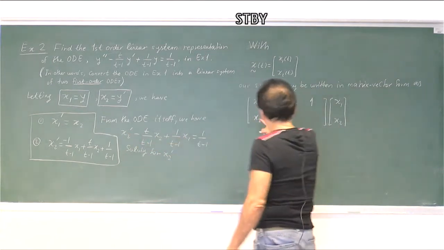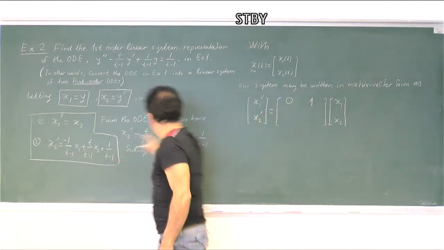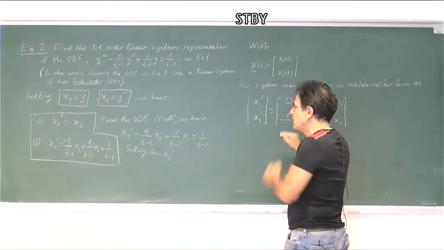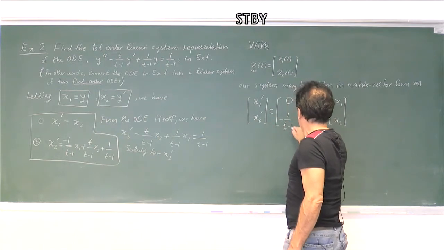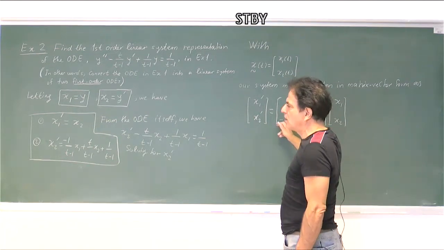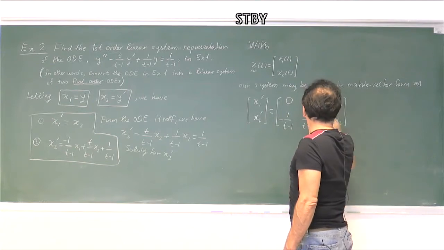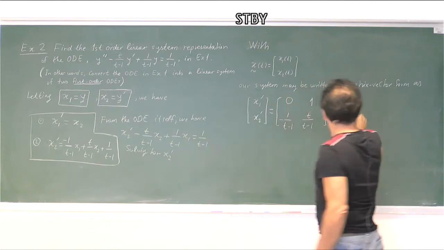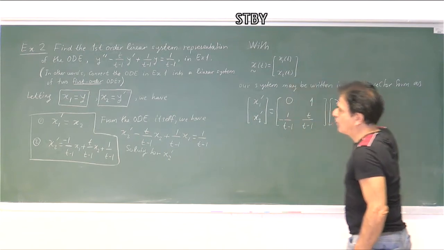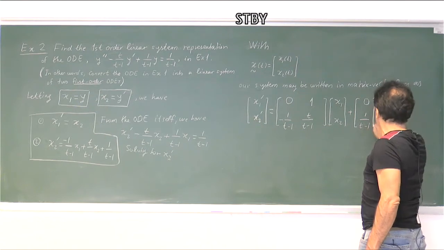Good. x2 prime, the second equation, we have minus 1 over t minus 1 times x1. So this entry of the coefficient matrix must be minus 1 over t minus 1. And t over t minus 1 multiplied by x2 plus an additional term. So no non-homogeneity term for the first equation, but 1 over t minus 1 for the second equation.